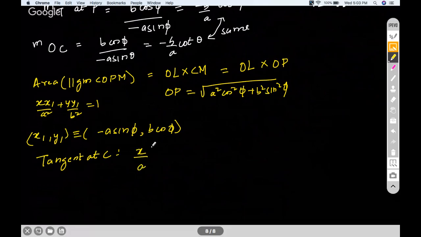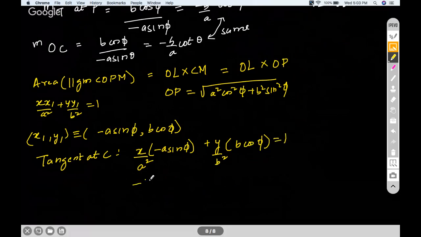So if I use this equation, the tangent at C would be x by a square into minus a sin phi plus y by b square into b cos phi is equal to 1. So cross the factor of a, it will become minus x sin phi by a plus y by b cos phi minus 1 equal to 0.